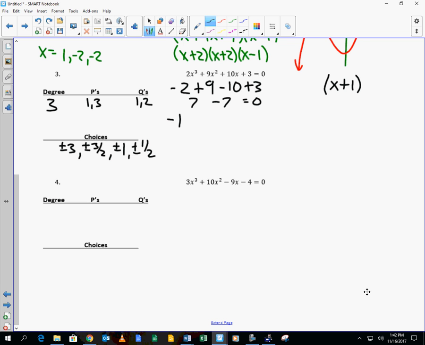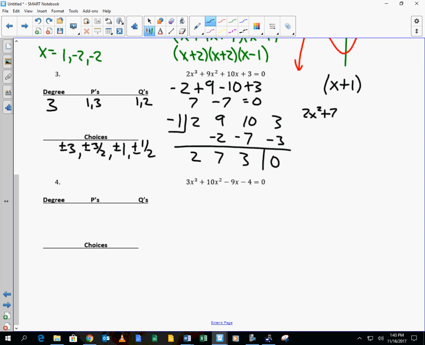Let's divide that thing. 2, 9, 10, 3. Drop the 2. Multiply. Add. Multiply. Add. Multiply. Add. 2x squared plus 7x plus 3 times x plus 1.